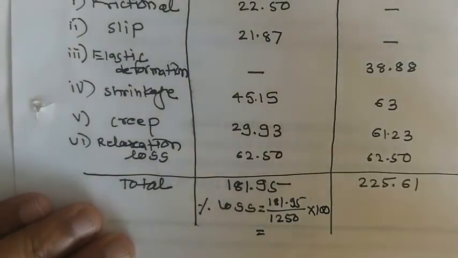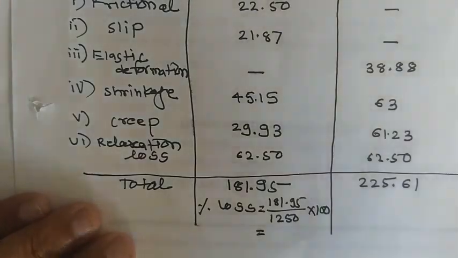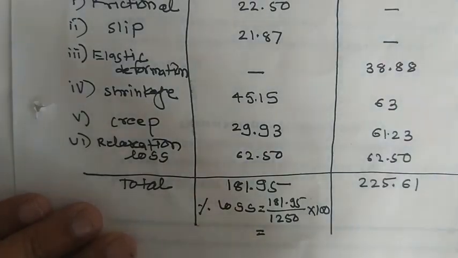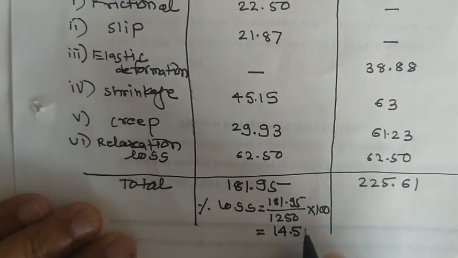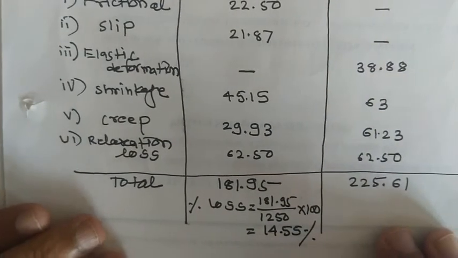So 181.95 divided by 1250 multiplied by 100. The answer is 14.55% percentage loss in post-tensioning.